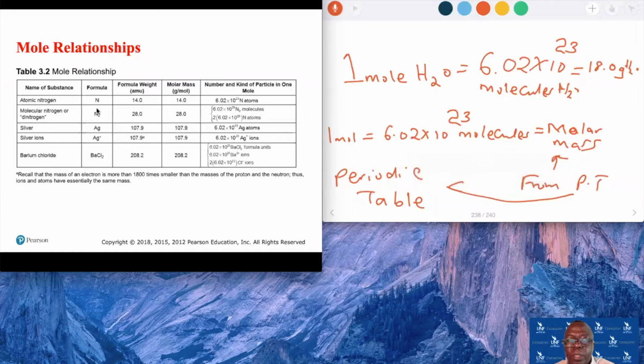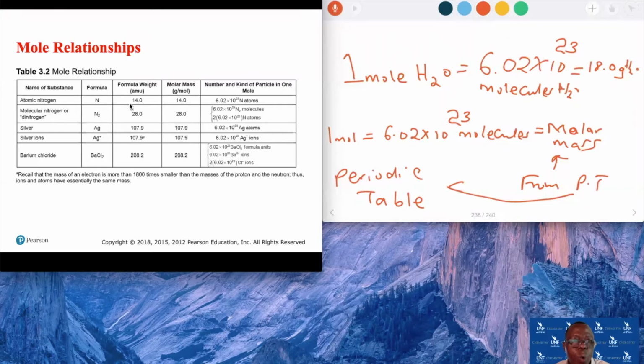Look at this on table 3.2. This is just an example of how the Avogadro number is related to the molar mass of the compound. If you look at this AMU, it means the formula unit. This is 1 nitrogen, same numerical value. That means we have 1 nitrogen. But here 14.0, that means you have Avogadro number of nitrogen atoms, same numerical value, but it is grams per mole.